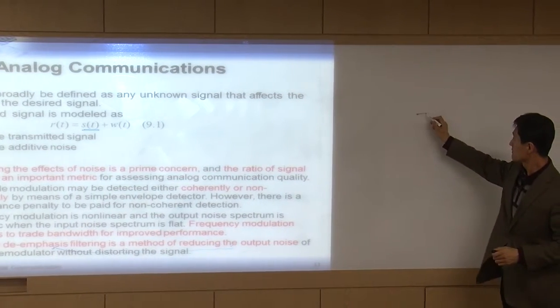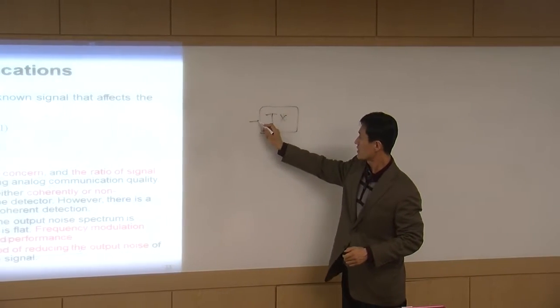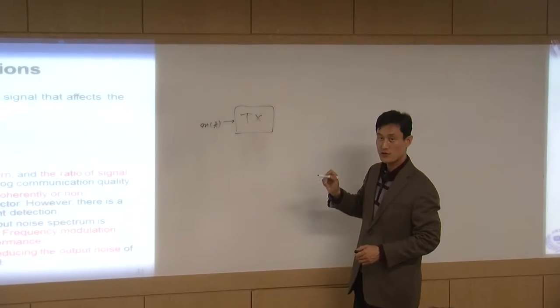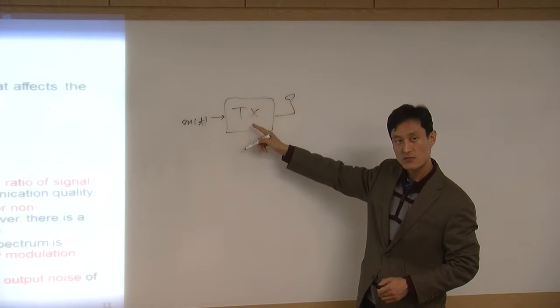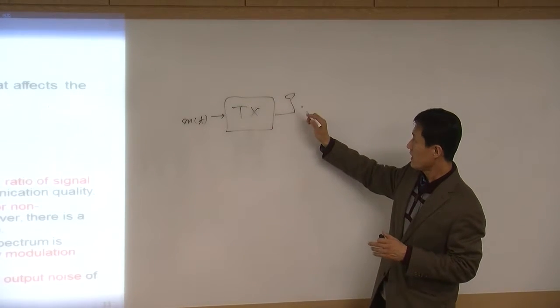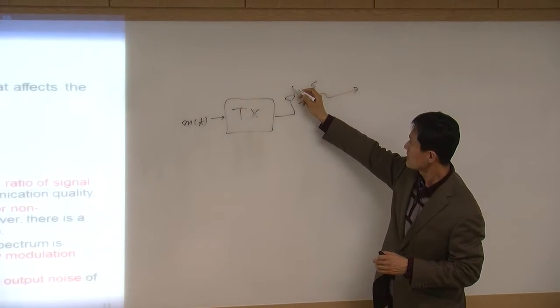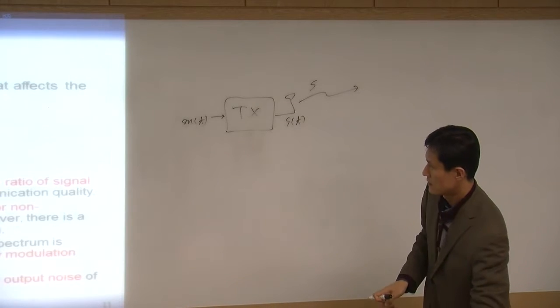Eventually, you're going to get some information, a message. That message goes into the transmitter. After the modulation, inside here we do modulation, and then through the antenna, we are transmitting over the air. Your signal is going over the air. That's S(t), right?